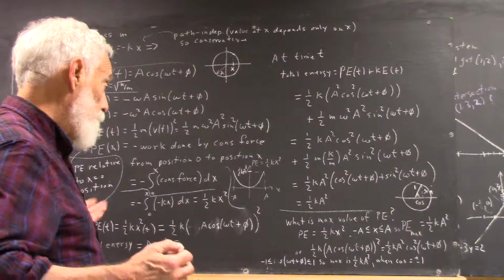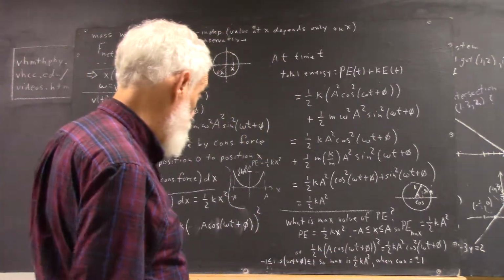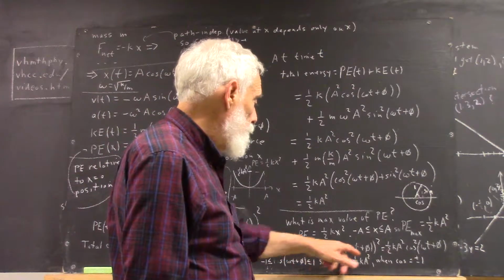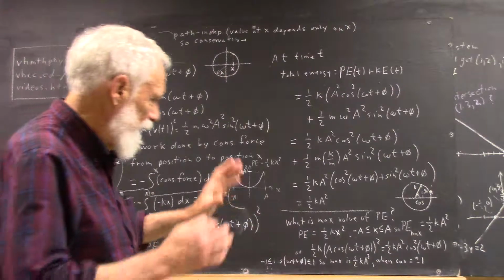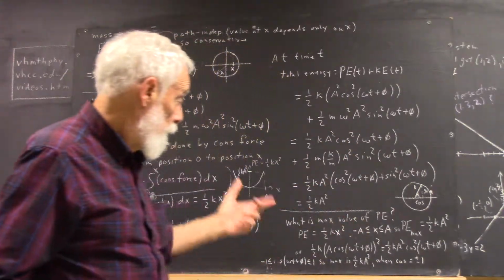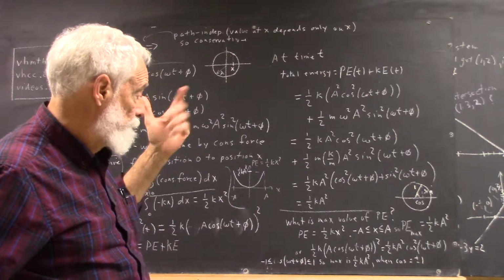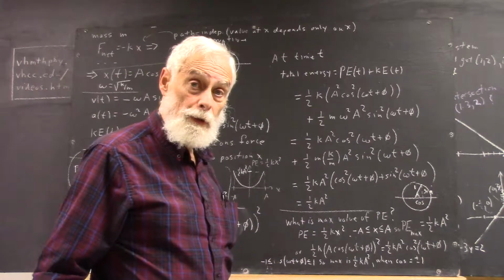Now, we could also see what the max is by looking at this expression, 1/2 K times the quantity A cosine of omega t plus phi, all of this squared. What can you tell me about the maximum possible value of this quantity?